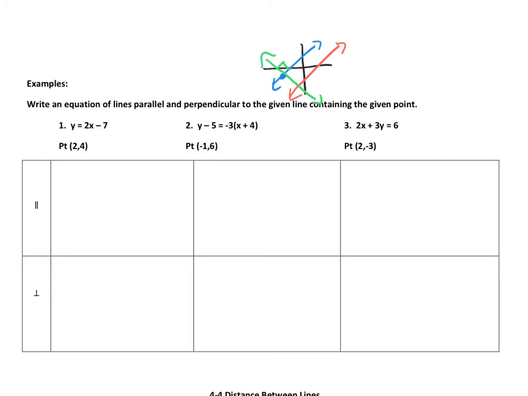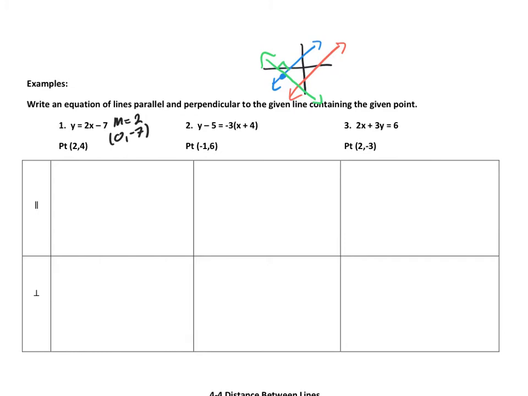Okay, so number one, the line given is in slope-intercept form. So we know a slope and we know an intercept. One of those is going to be more useful to us than the other. But we're also given a point, which is going to be very useful.